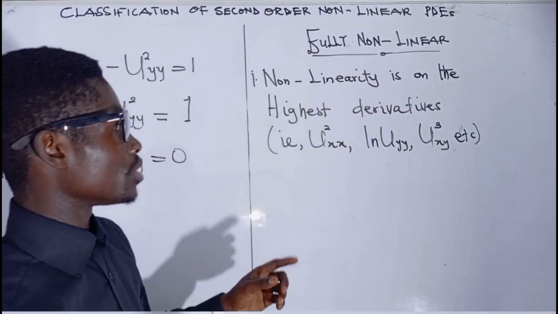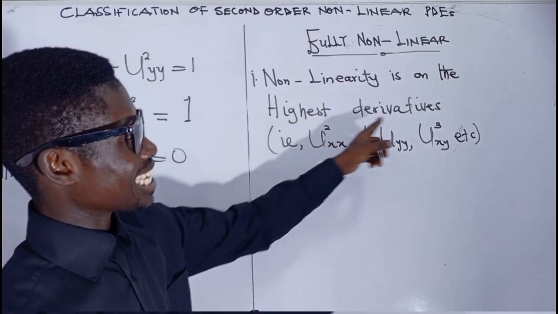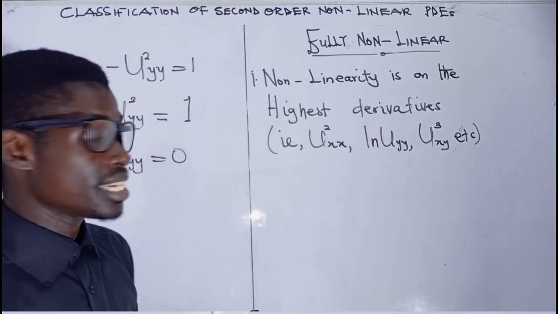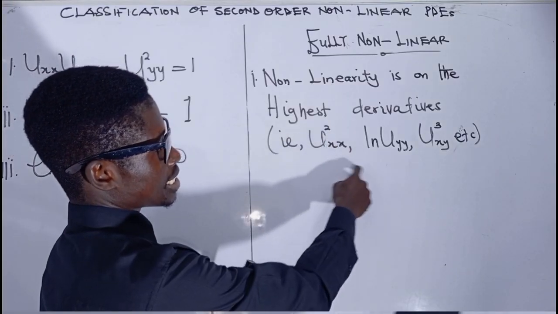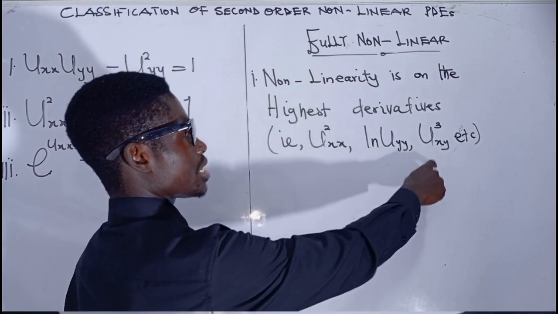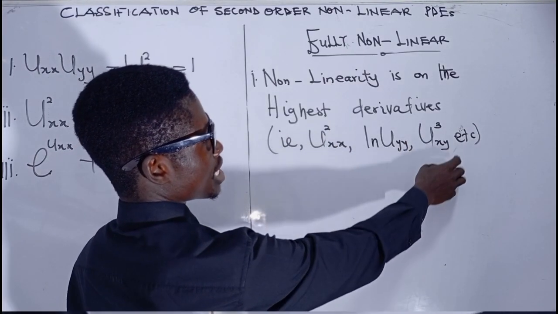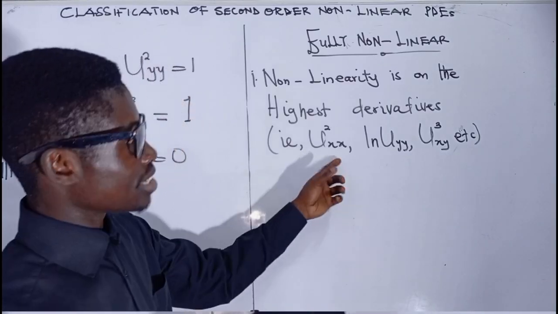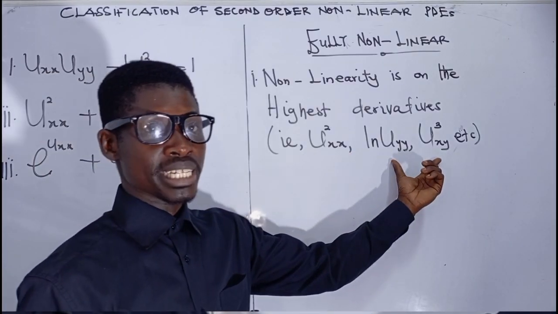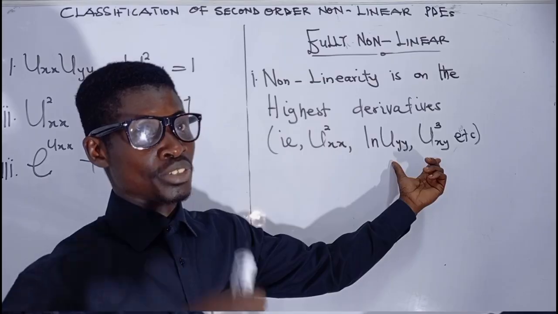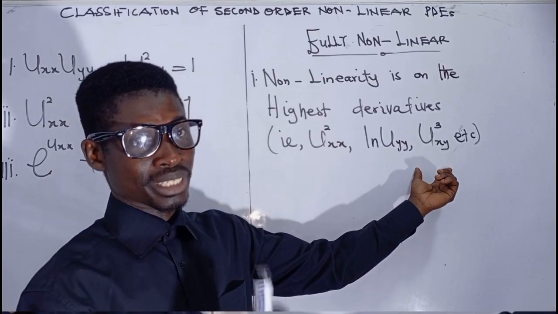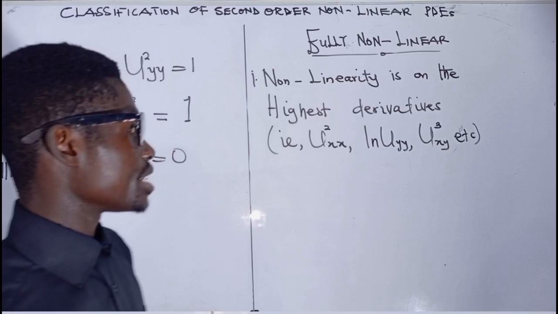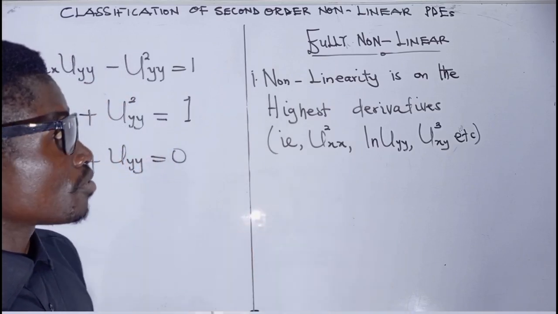So within that PDE, we shall be seeing something of this form: U squared xx, U_yy squared, and then U cubed xy. All of this makes the PDE nonlinear, and the nonlinearity is on the highest derivative, since we are talking about a second order PDE. So that is the fully nonlinear.